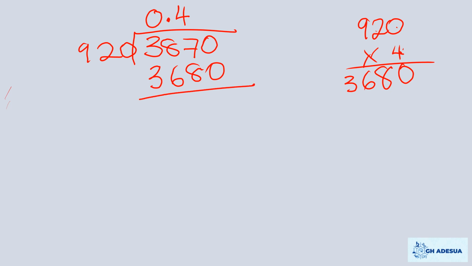So let's subtract 0 minus 0. 7 minus 8, not possible, right? So you move 1 from the 8, making 17. 17 minus 8 is 9. So we moved 1 from the 8, making it 7. 7 minus 6 is 1. 3 minus 3 is 0. So we have 190, right?